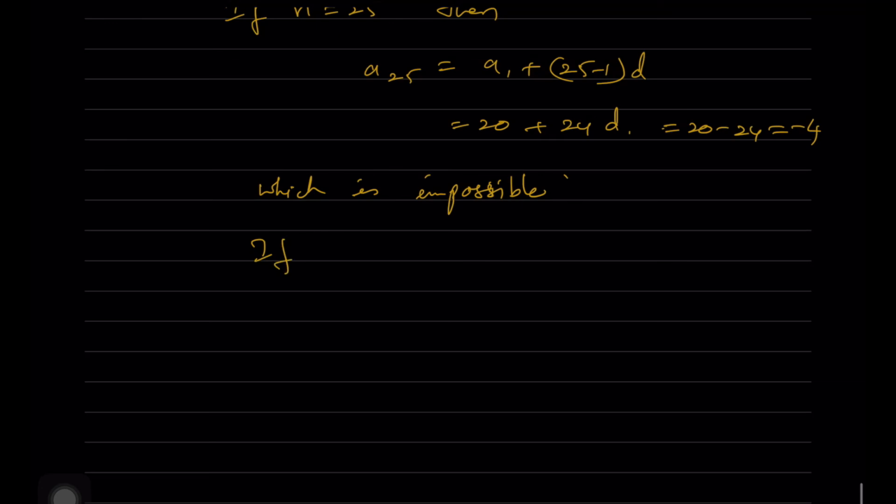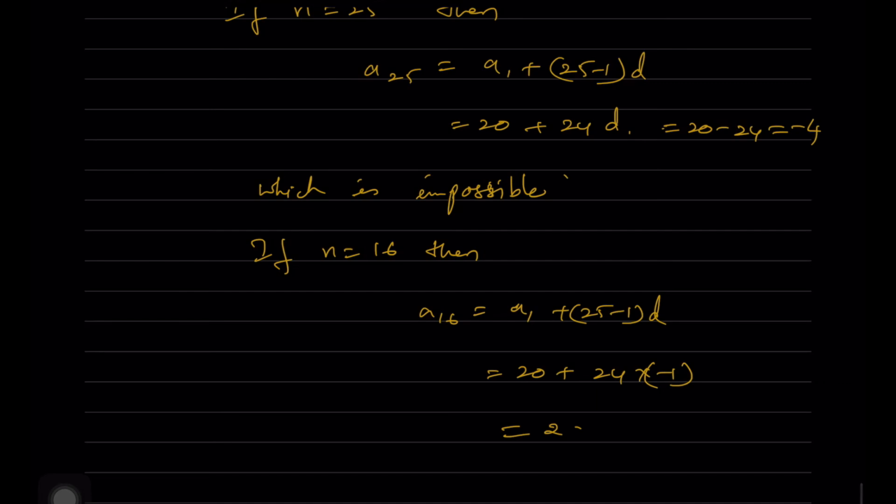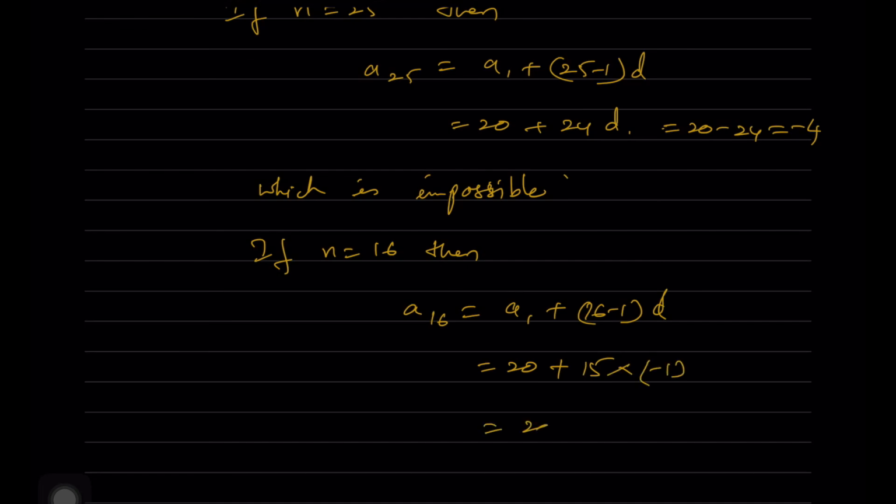If n is equal to 16, then a16 is equal to a1 plus 16 minus 1 into d, which is equal to 20 plus 15 into minus 1, which is equal to 20 minus 15, which is equal to 5.